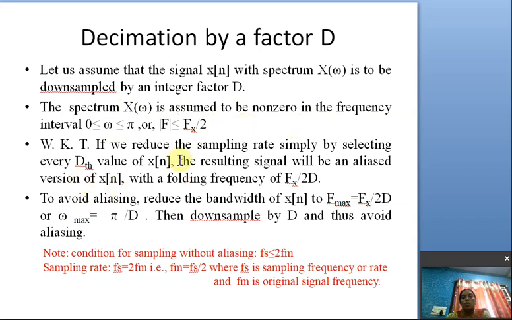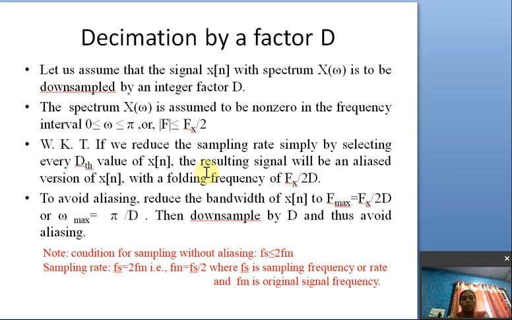If you reduce the sampling rate simply by selecting every Dth value of x of n, the resulting signal will be an aliased version of x of n with a folding frequency of Fx by 2D. That means if you just reduce the sampling rate to our desired value, you may get an aliased version of x of n, which loses certain information.